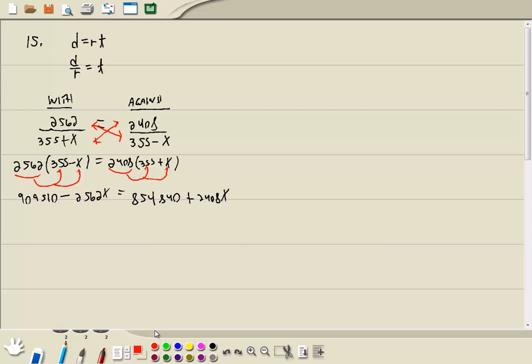Okay. Now we want to get everything with an x on one side, numbers on the other, so I'll take that number over and take this term over to the right side. So we'll get 909,510 minus 854,840 equals 2408x plus 2562x.